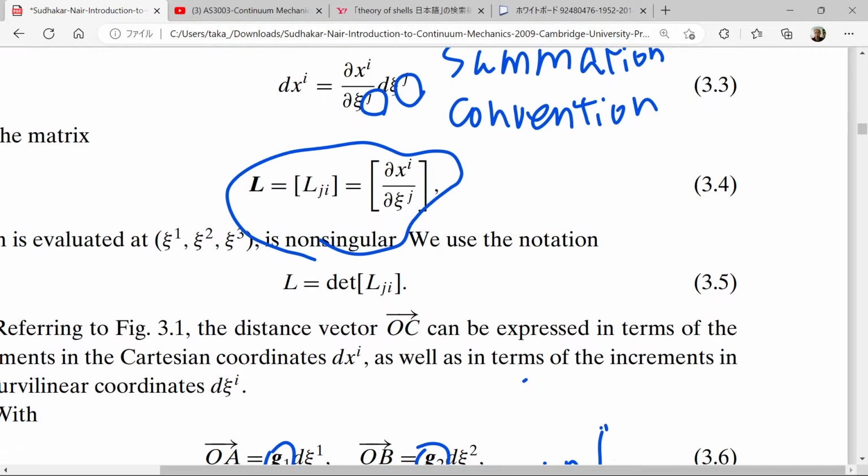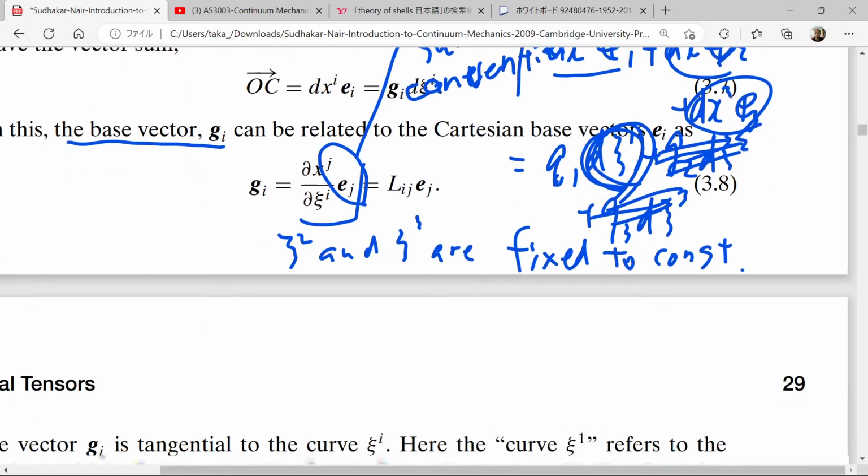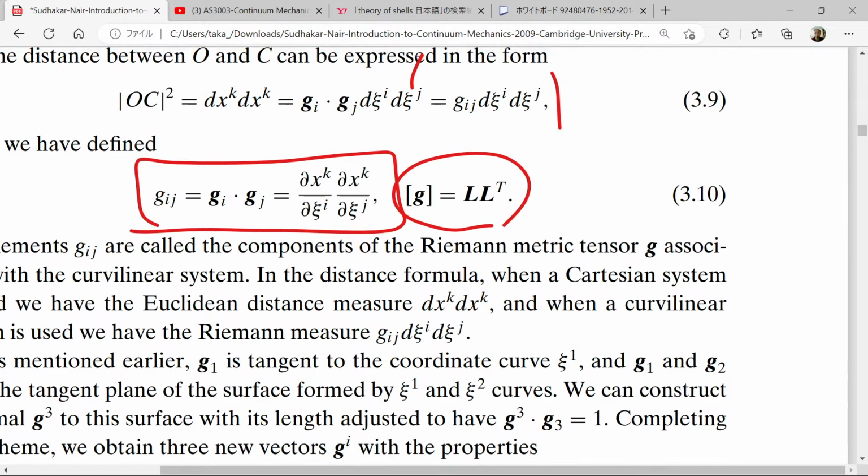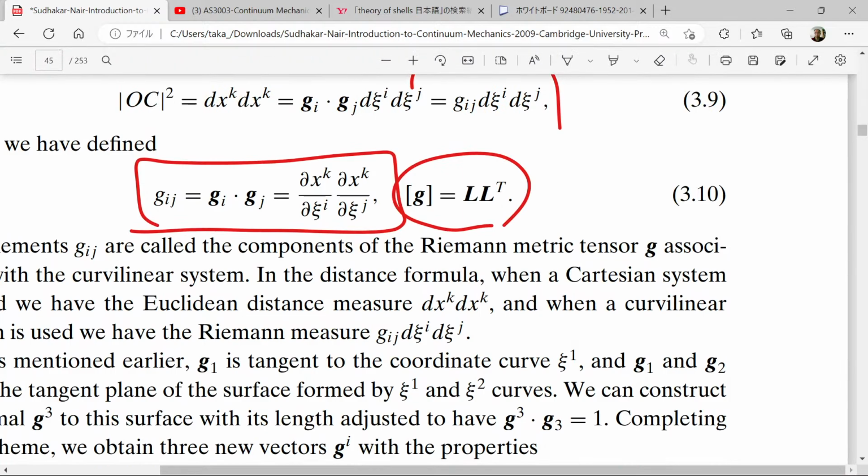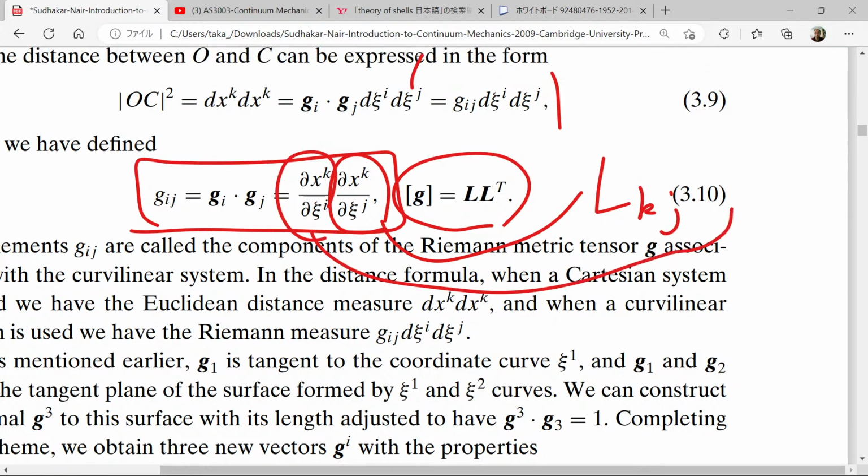L is this ∂x/∂ξ. Okay, this one. This is L kj. This one is L ki. Yeah, so we can make this one. This guy's transpose. Then jk. This is jk.